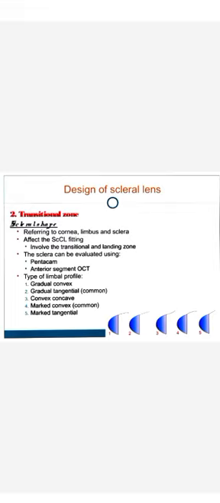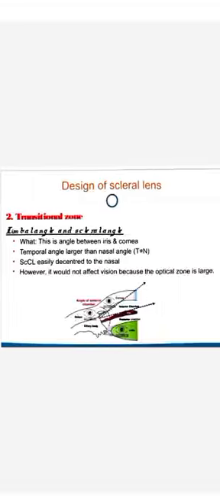The sclera can be evaluated using a panoramic anterior segment OCT. Types of limbal shape: gradual convex, gradual tangential, convex, concave, marked convex, marked tangential.